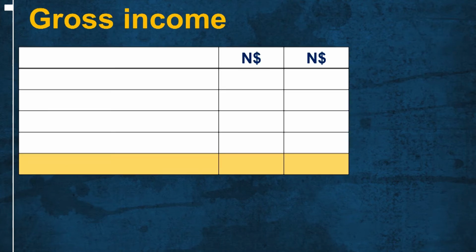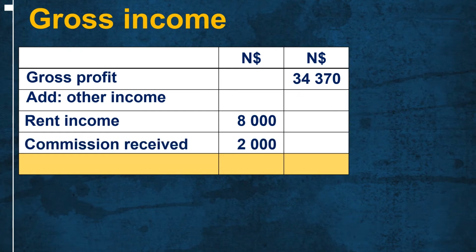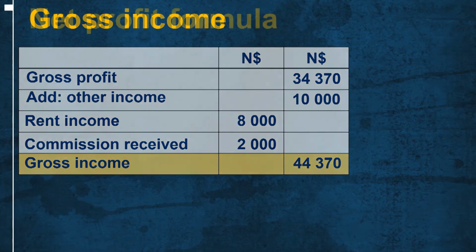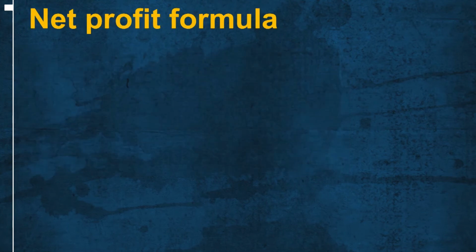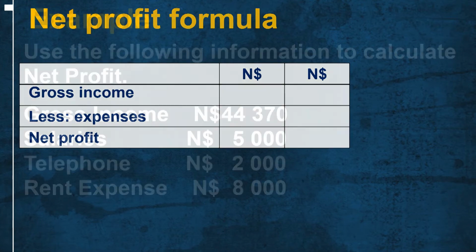Therefore, to calculate gross income, we are going to take the gross profit of 34,370 Namibian dollars, add rent income of 8,000 Namibian dollars, add commission received of 2,000 Namibian dollars. Therefore, the gross income is going to be 44,370 Namibian dollars.